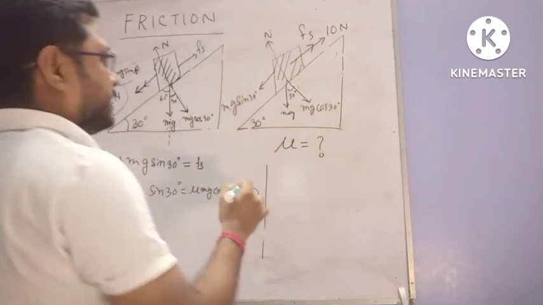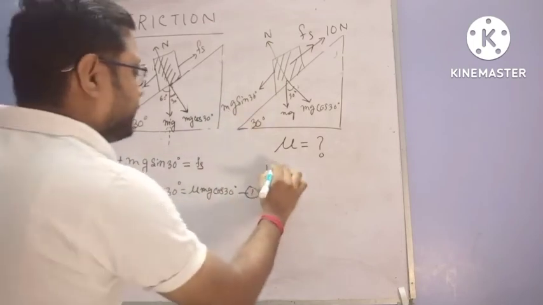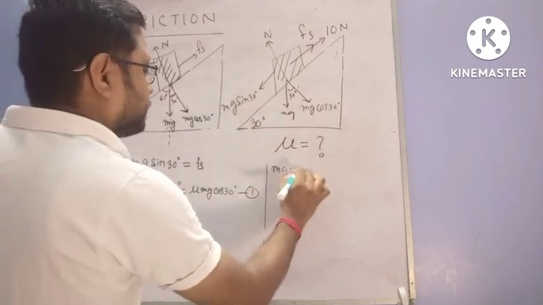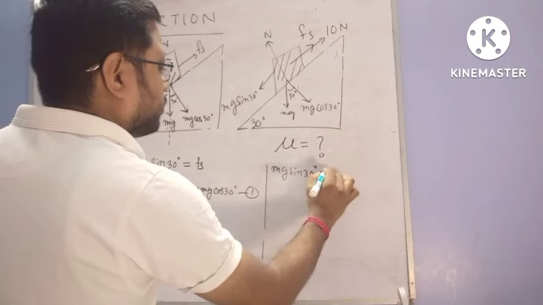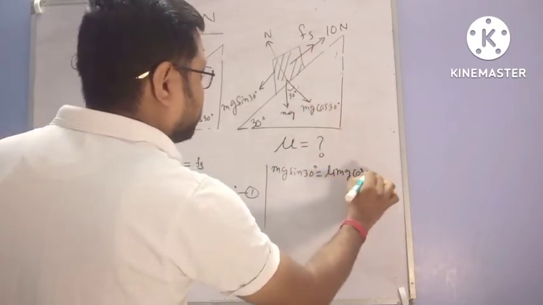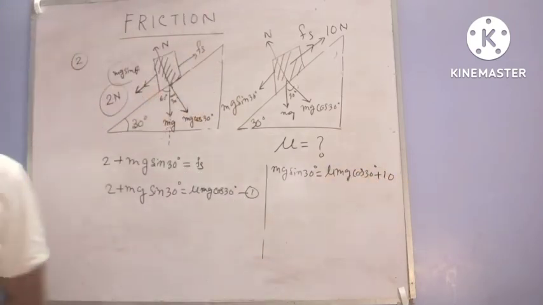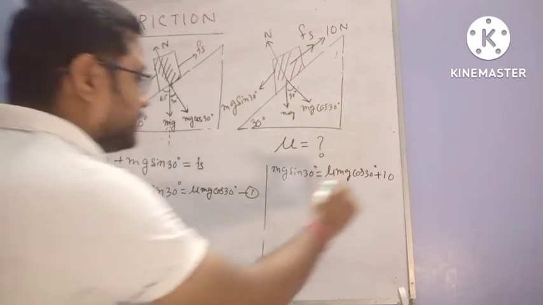Therefore, in this picture, mg sin 30 is equal to Fs, that is mu mg cos 30 plus 10. mg sin 30 is equal to mu mg cos 30 plus 10. This is equation 2.